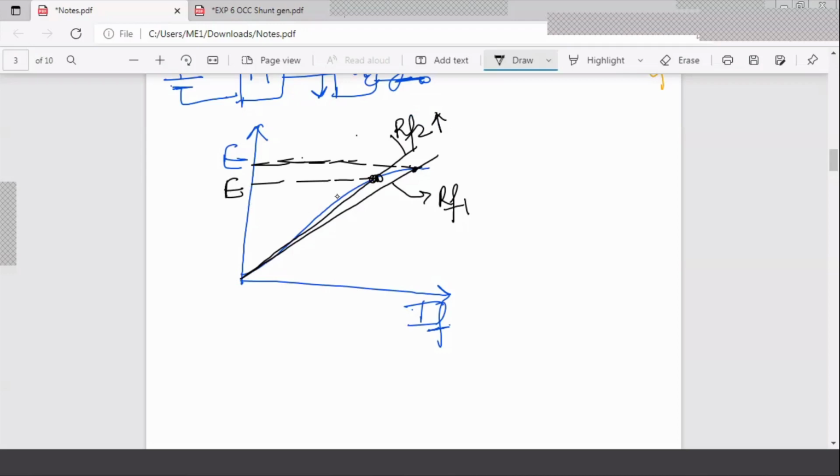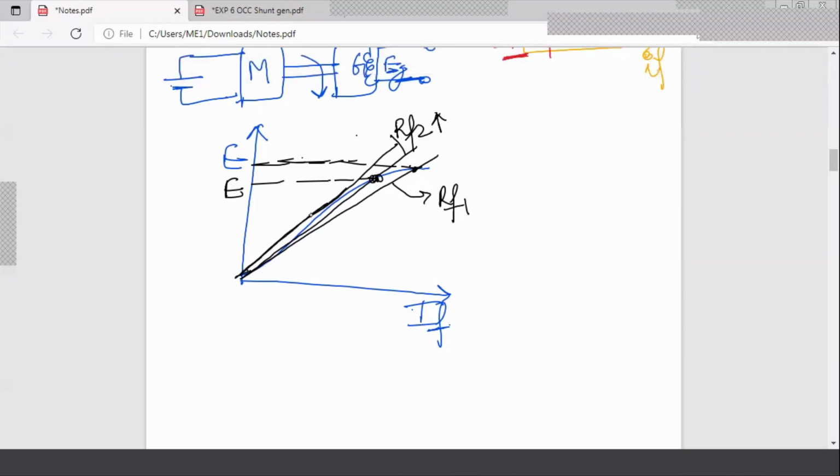Now what will happen if we again increase the field resistance? Again, if we increase the field resistance, there may be a point at which this line now becomes a tangent to this. The field circuit resistance becomes such that the slope is a line which is tangent to this curve, the open circuit characteristics, right?